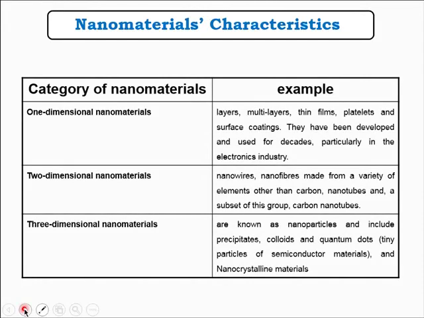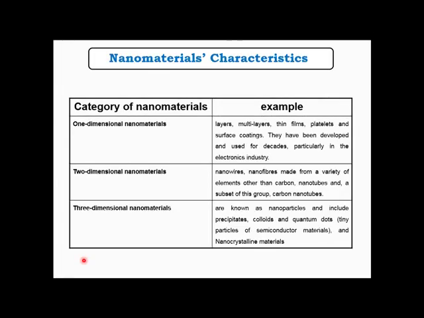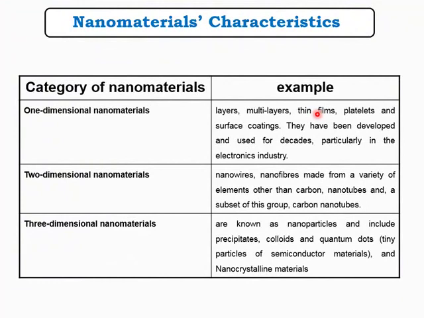We have various dimensional nanomaterials, that is one dimensional, two dimensional, and three dimensional. Basically, one-dimensional nanomaterials such as layers, multi-layers, thin films, platelets have one dimension that extends beyond the nanoscale, allowing electron movement along their length. This unique structure endows them with distinct mechanical, electrical, and thermal properties.